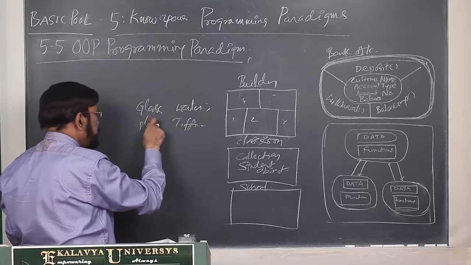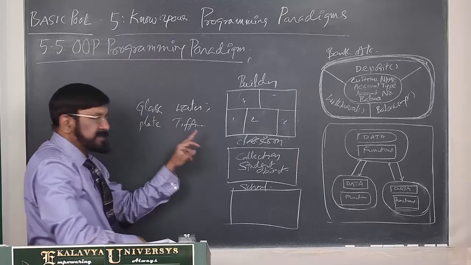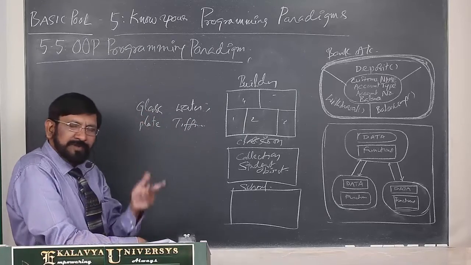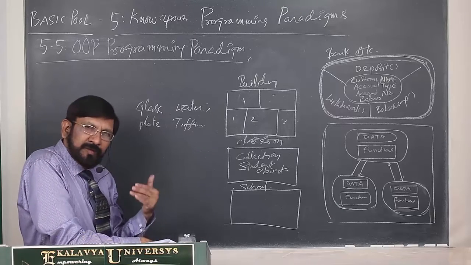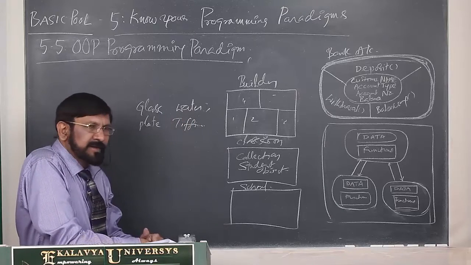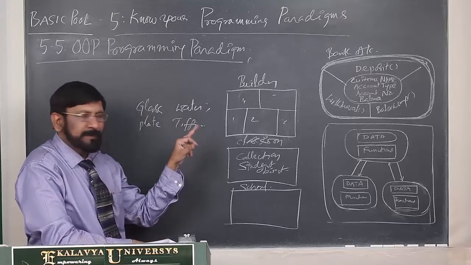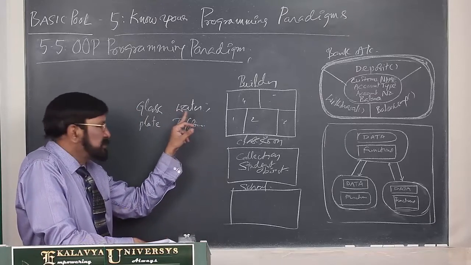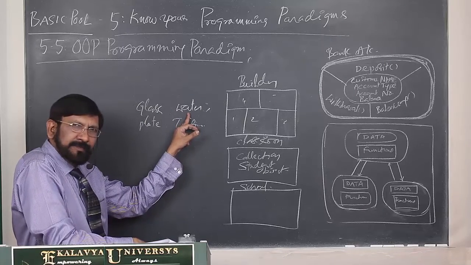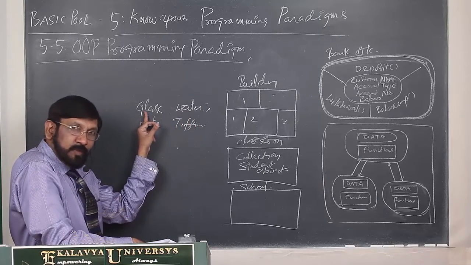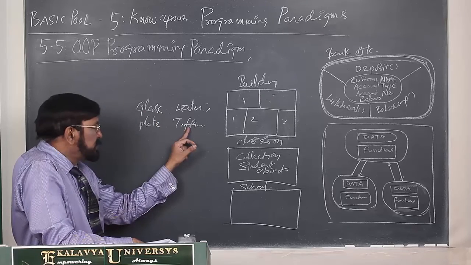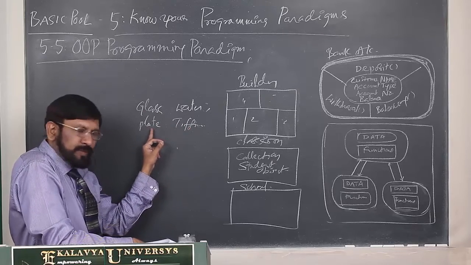You are searching for the container first, thereafter the content. So what is required? A container is required. For data also we want a container. So this is the real thing, and this is the container or blueprint.